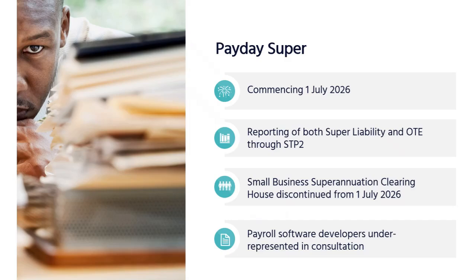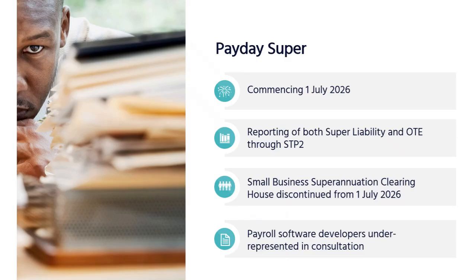So essentially, from a Sybiz perspective, one change that will be necessary, so you will need to be upgrading your software as we move toward Payday Super, is that both the super liability and ordinary time earnings will need to be reported through STP2. The standard as it currently sits, is we have the choice as to whether we want to report the super liability or the ordinary time earnings, or both.